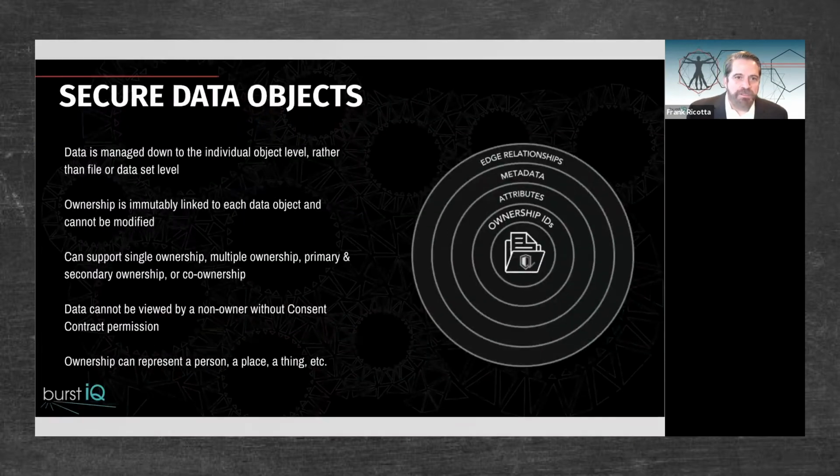At the core is this concept, again, as I mentioned, secure data objects, and really there are a couple key aspects of secure data objects, and one is definitely becoming very prevalent because it gives you a lot of flexibility in how you use and access data. So at its core, it's the data itself.